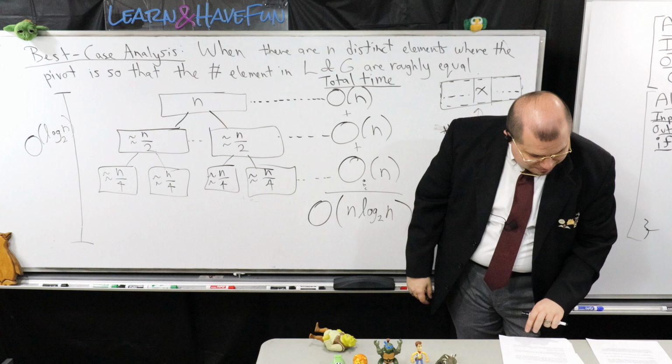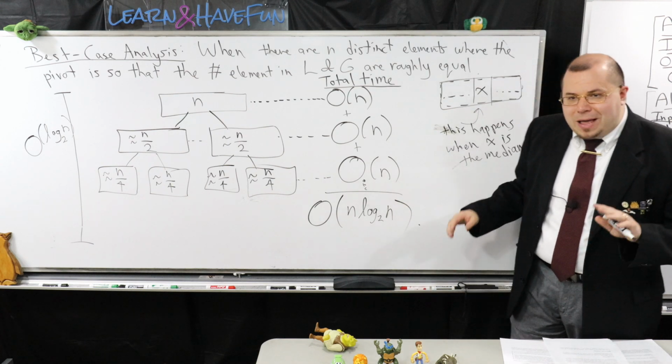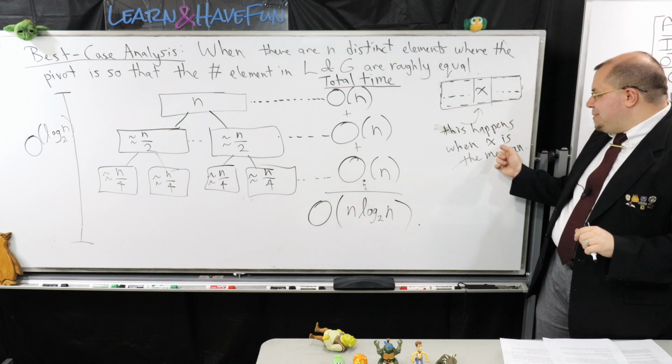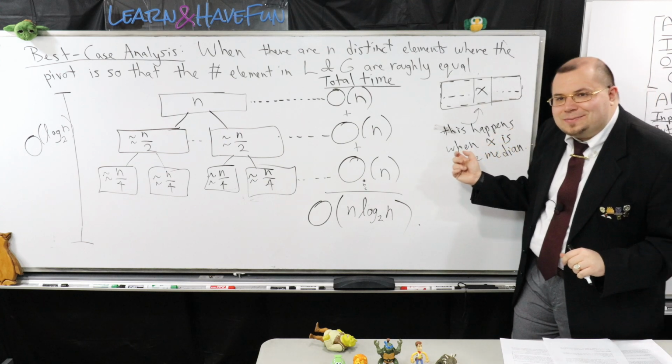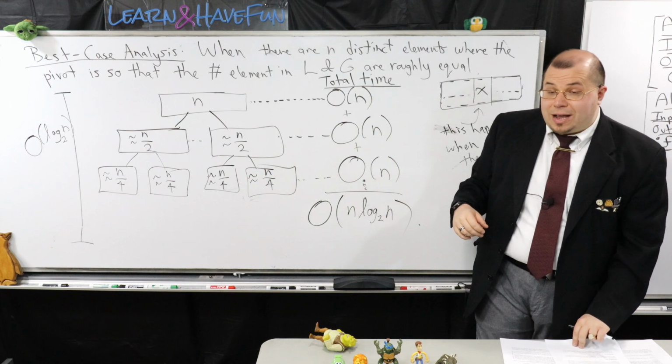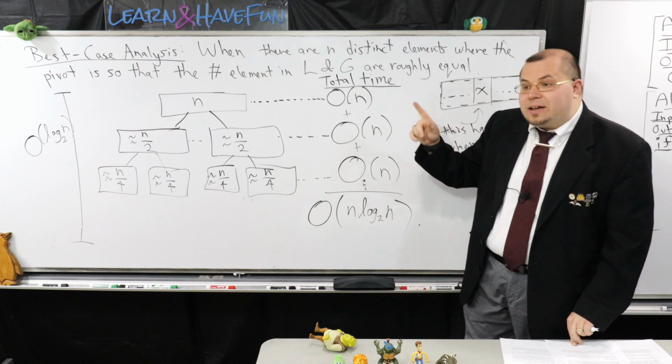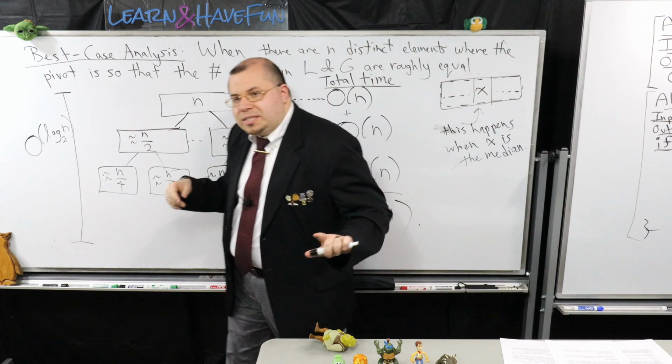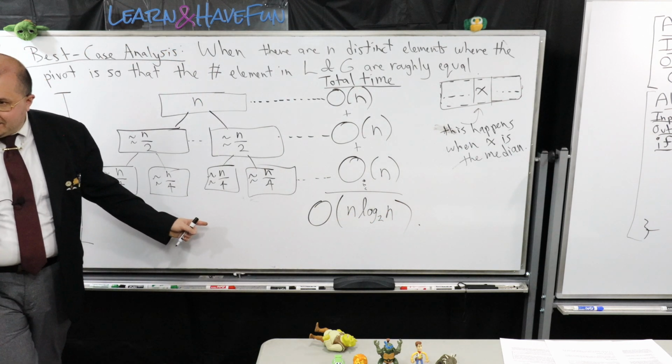Is that fascinating? So the best case behavior of this algorithm is when x is something like the median, the pivot. So you're going to notice that in some pivoting strategies, if you can compute the median efficiently, you can guarantee this running time. Can everybody see that?